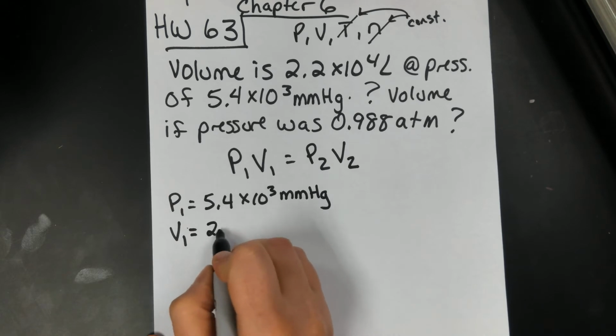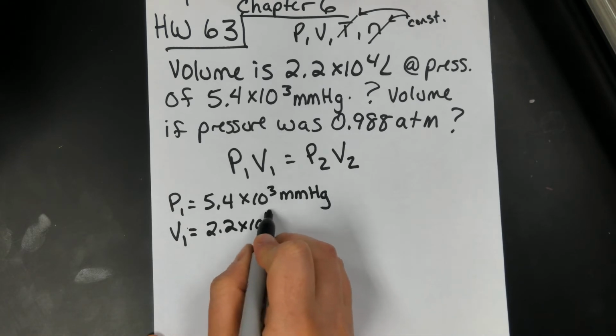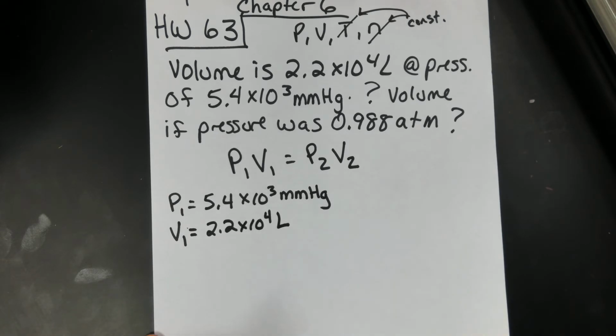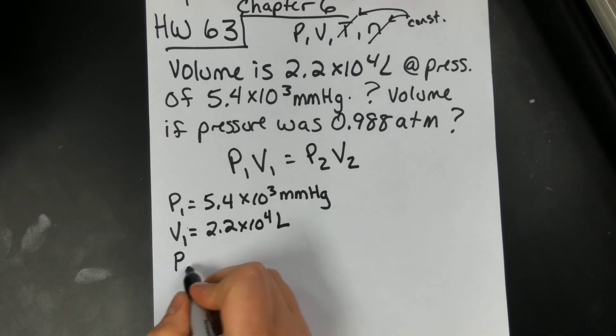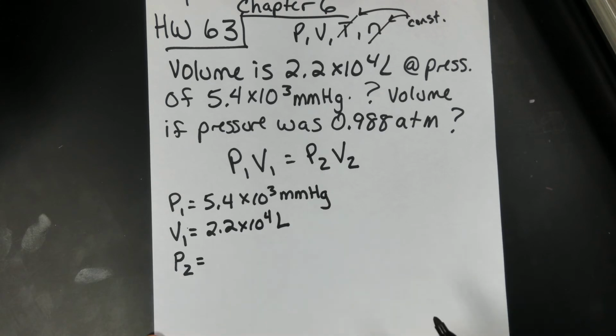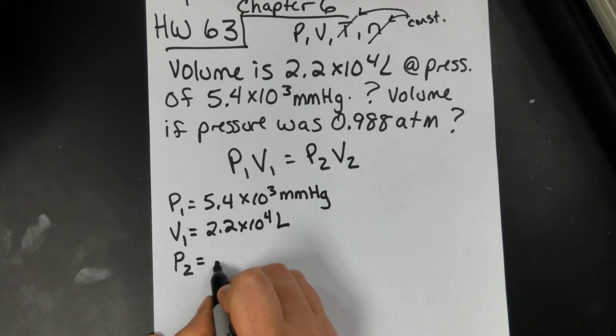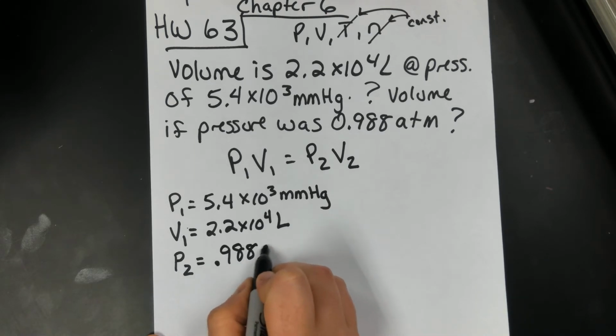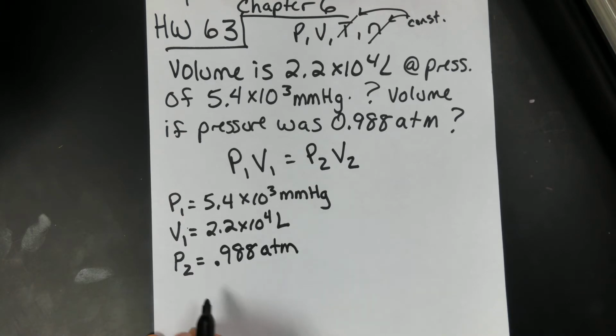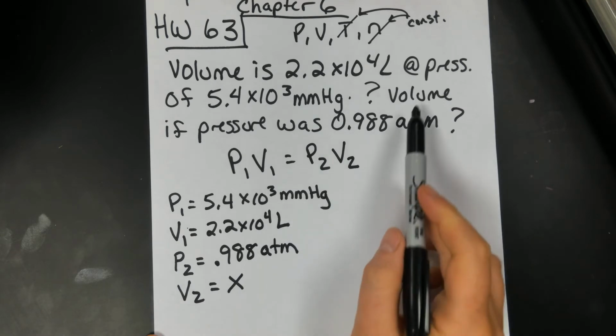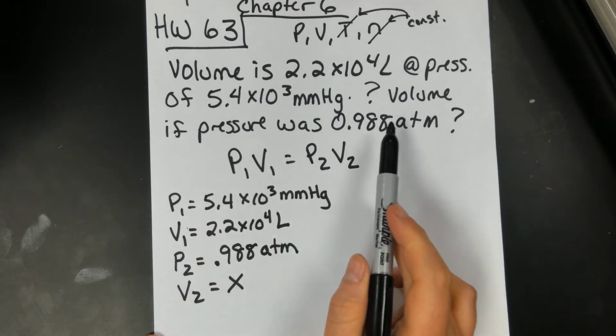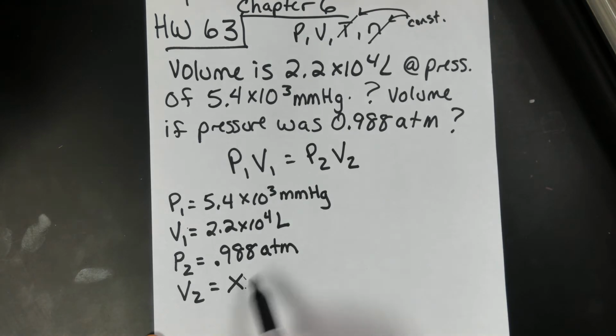Yes. 2.2 times 10 to the 4 liters. What is the pressure that we're ending with? 0.988 atmosphere. And then what's the volume that we're ending with? That is our unknown, right? What is the volume if the pressure is changed? Okay, so this is our only unknown.